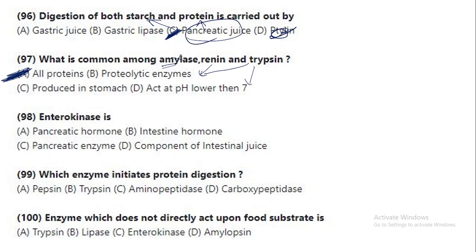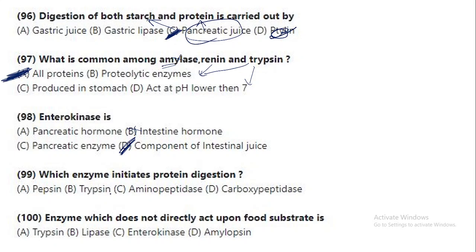Is enterokinase a pancreatic hormone, an intestinal hormone, a pancreatic enzyme, or a component of intestinal juice? Enterokinase is not a hormone, it is an enzyme. So it is a component of the intestinal juice. For the activation of trypsinogen, you need enterokinase. Which enzyme initiates protein digestion?